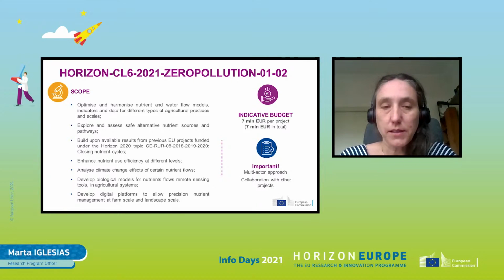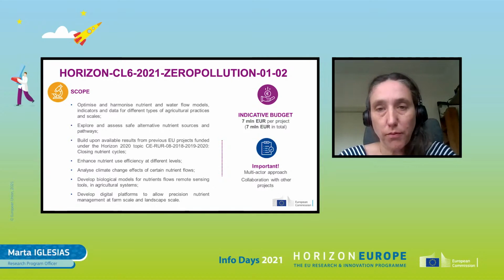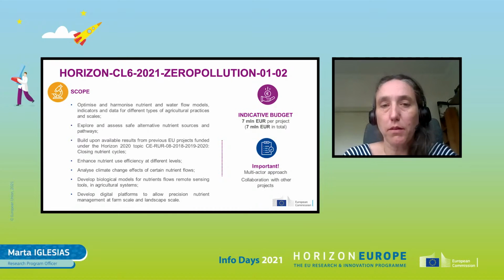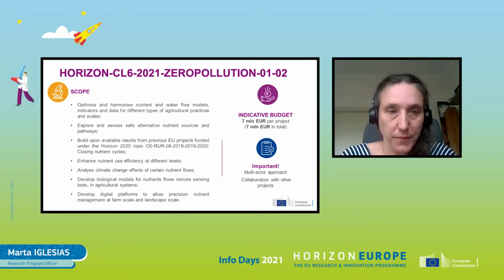Proposals will explore and assess safe alternative nutrient sources and pathways to enhance management and recycling of organic waste and explore nutrient recovery opportunities, as well as nutrient mobilization through microorganisms. As you see in the slide, these proposals will be building on EU-funded projects under the Horizon 2020 topics, mainly under the topic of closing nutrient cycles.